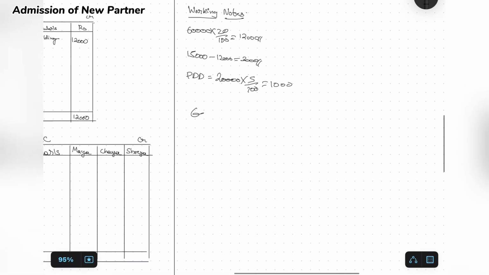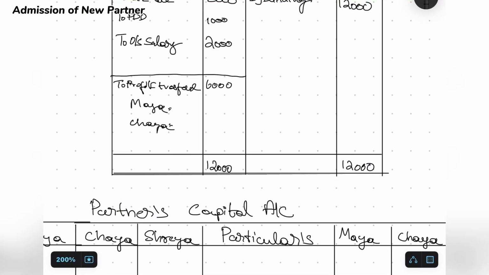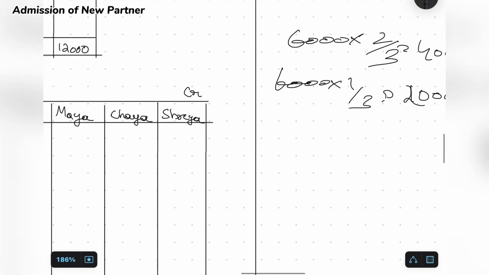So 6,000 into 2 by 3, and 6,000 into 1 by 3. 6,000 into 2 divided by 3 will be 4,000, and the other will be 2,000. So I will transfer 4,000 and 2,000 to Maya and Chaya.